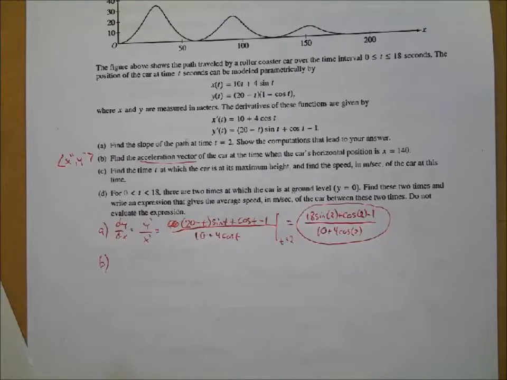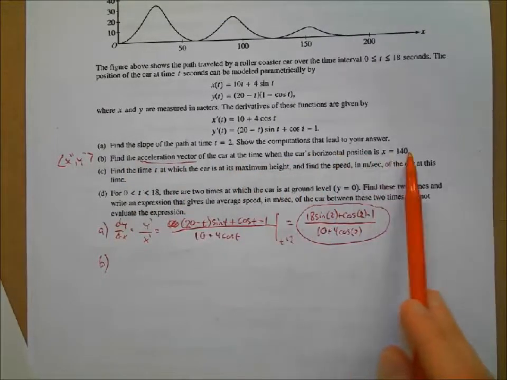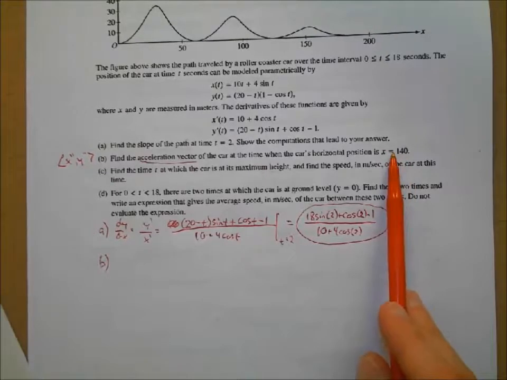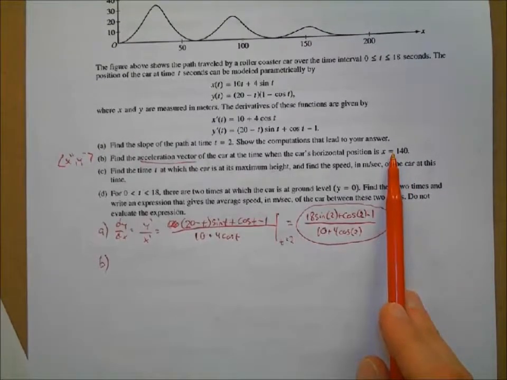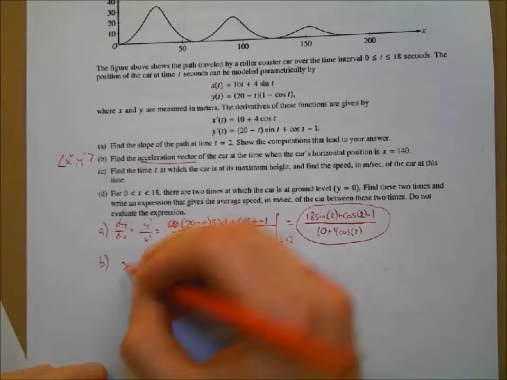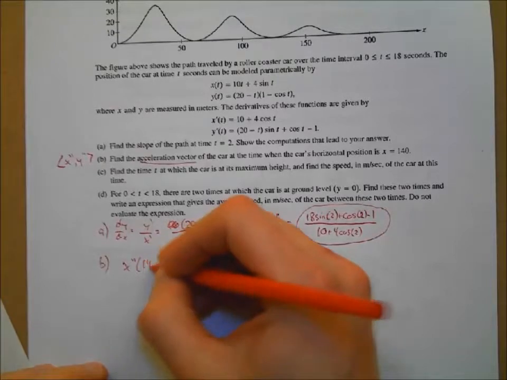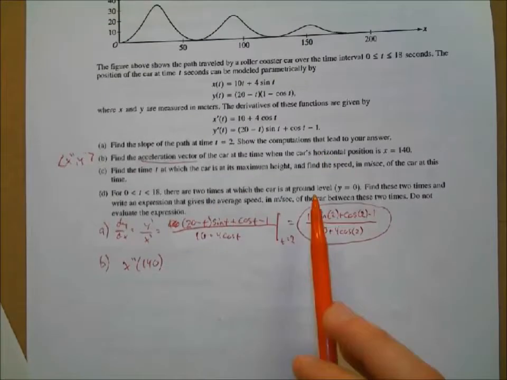But we're going to find the acceleration vector of the car at the time when the car's horizontal position is x equals 140. So do we actually need to find x prime prime of t? We only need to find x prime prime of 140. And that's it. We don't even need to find y prime prime.